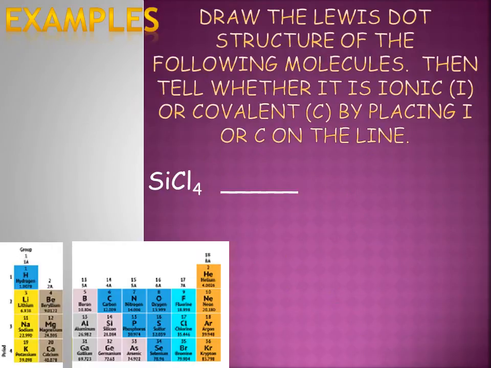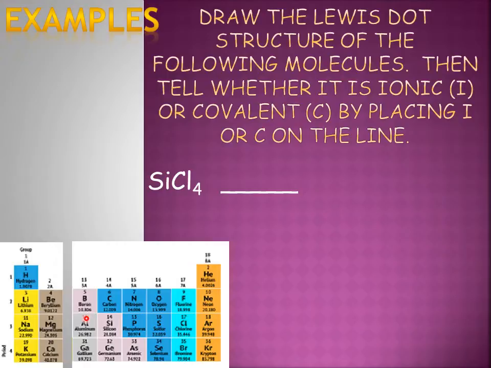So let's practice this. The first thing we need to do is figure out if this guy is ionic or covalent. Okay, silicon, one silicon with 4 chlorines. The name of this would be silicon tetrachloride, and we haven't learned that yet, but we've got to figure out where they're at on the periodic table.